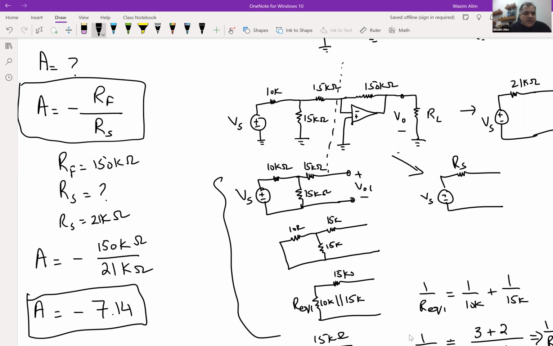So I just wanted to show you this derivation that I did earlier so that you understand where these formulas are coming from. There are 4 types of op-amp circuits that are listed in your book. We'll talk briefly about the other ones also, and maybe solve some examples also.